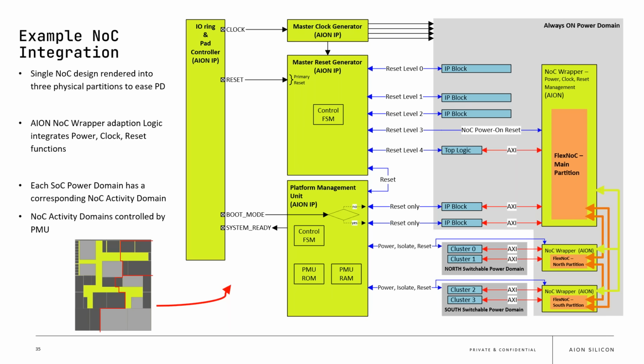And then you've got your master reset generator, which does your power on reset of the main NoC domain, but that also propagates the resets to the sub partitions as well. So yeah, this is to give you an idea of what the high-level integration connectivity looks like for a partition NoC.